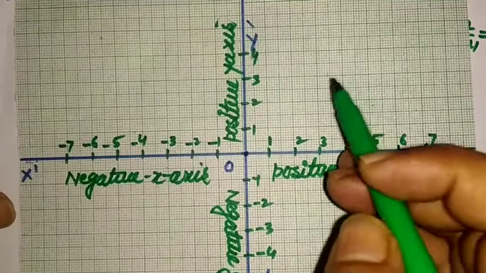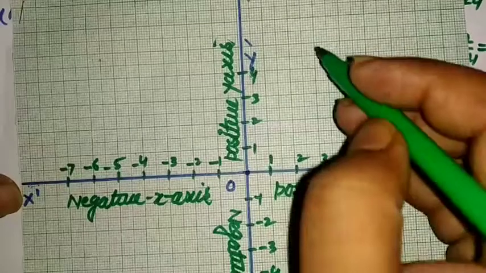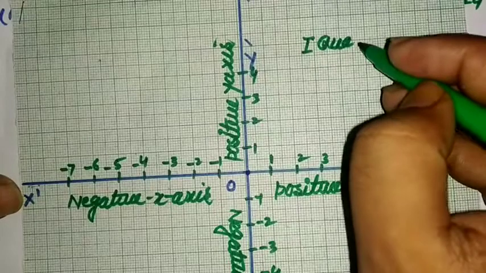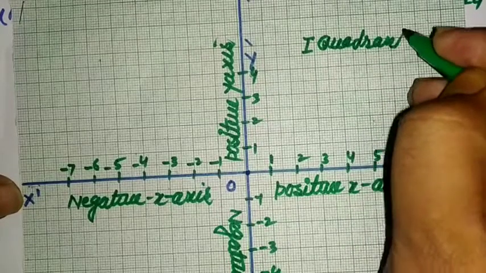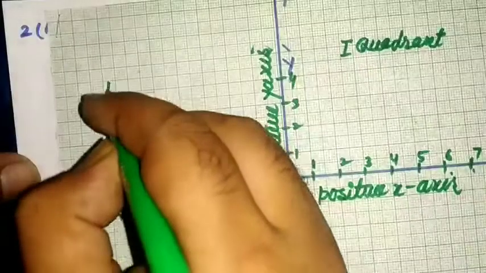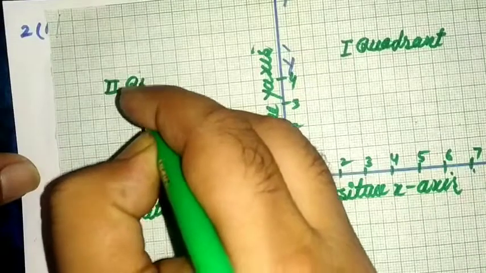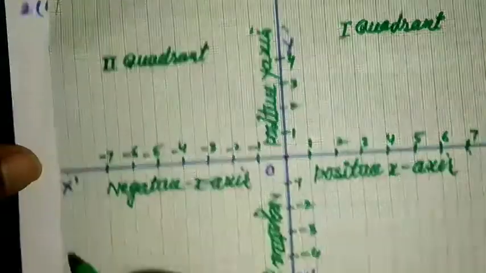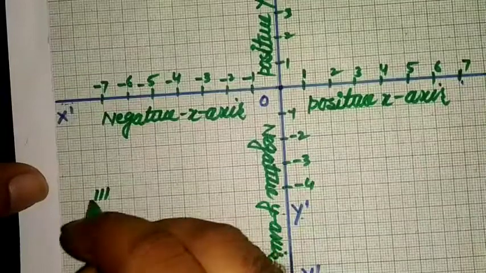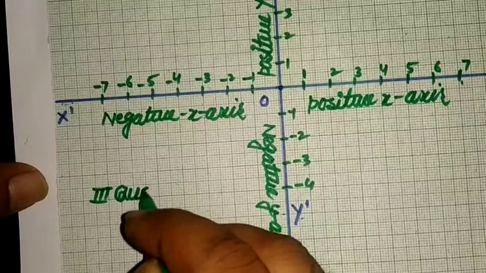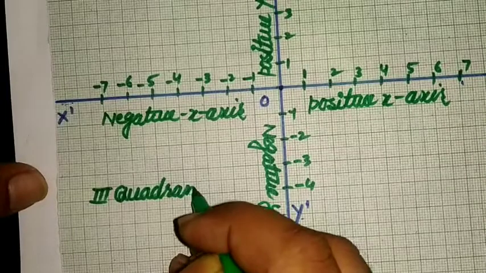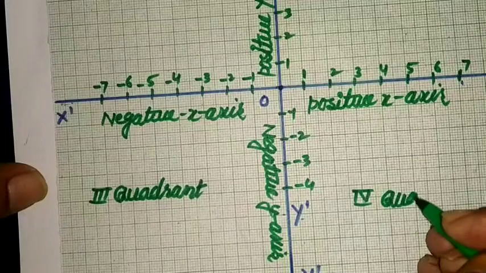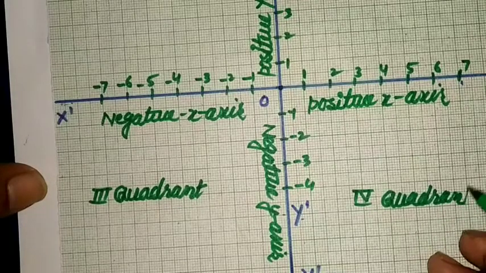So the first part we can say first quadrant, and this is the second part, second quadrant, and the third part, third quadrant, and the last one, fourth quadrant, isn't it?